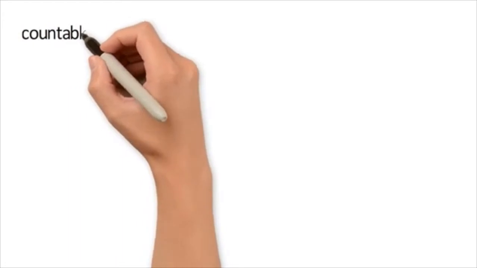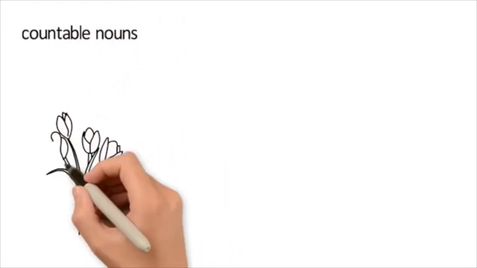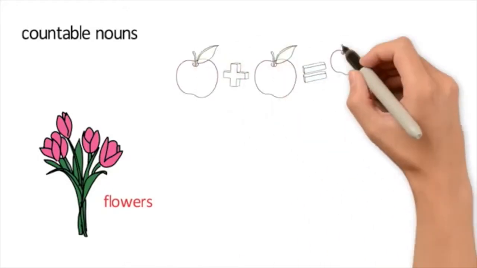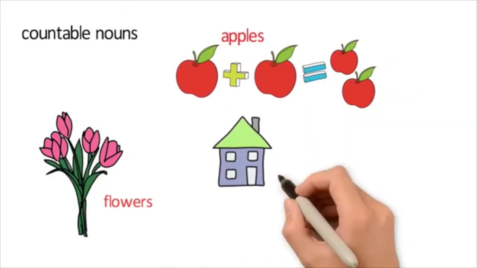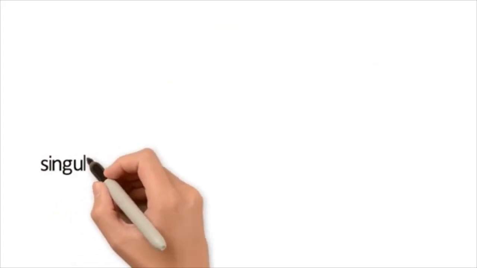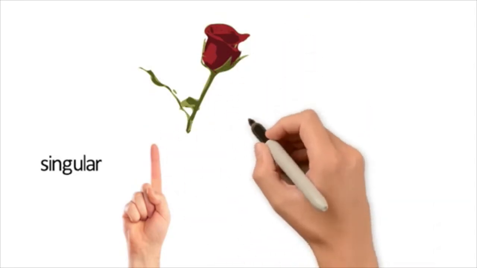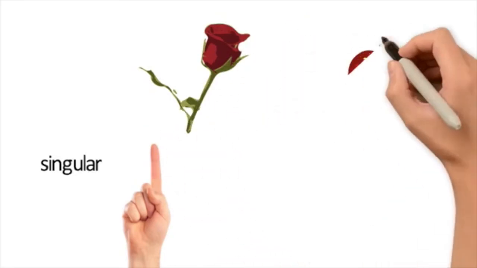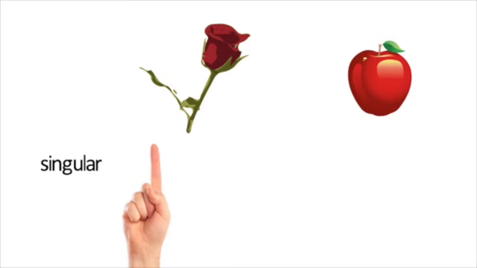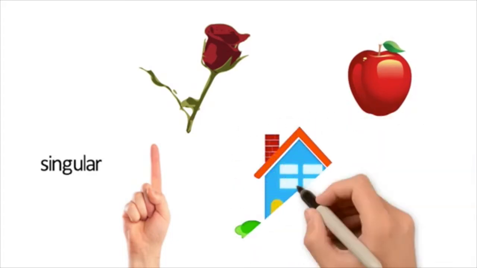Countable nouns are nouns that you can count, such as flowers, apples, and houses. They can be singular, such as a flower, one flower, an apple, one apple, a house, one house.